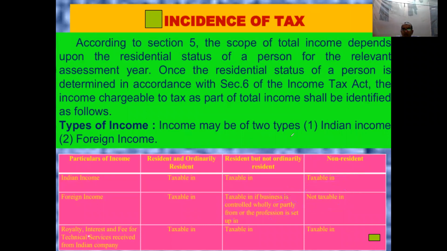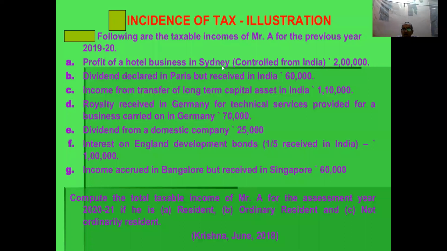So you can see this place is situated in Australia, but controlled from India. In that case, this 2 lakh rupees will attract tax in case of ordinary resident and not ordinary resident.